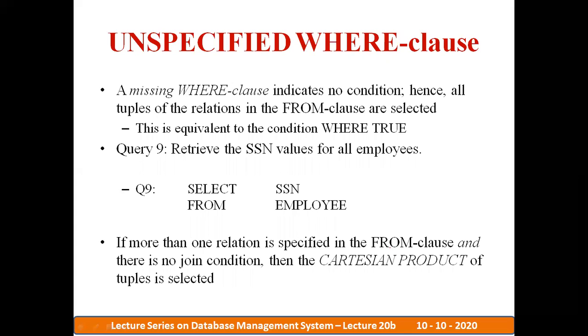Now, till now we have seen that the basic structure of SQL has three components. The first one is the select, the second one is the from, and the third one is the where. As you can see, the where clause is not mandatory. It is optional. You can have it or you can leave it out. So if you have not specified the where clause, then what happens?